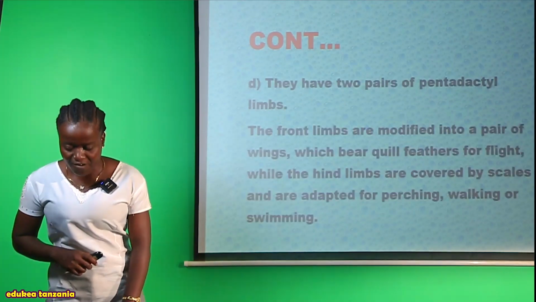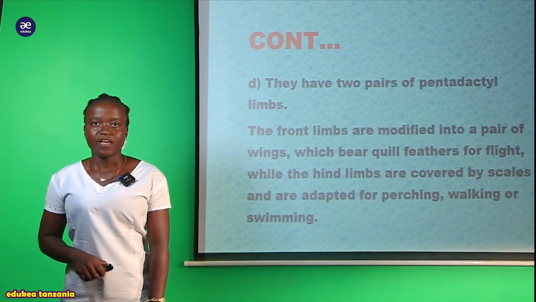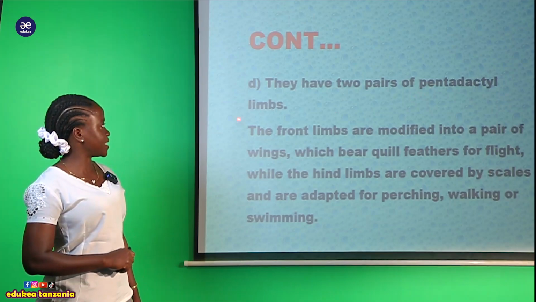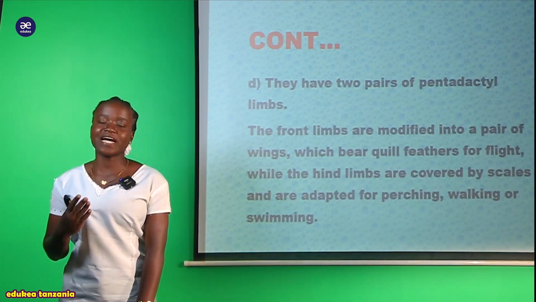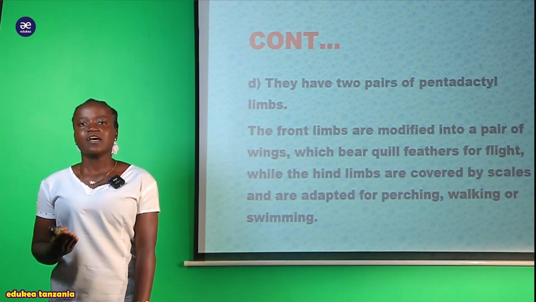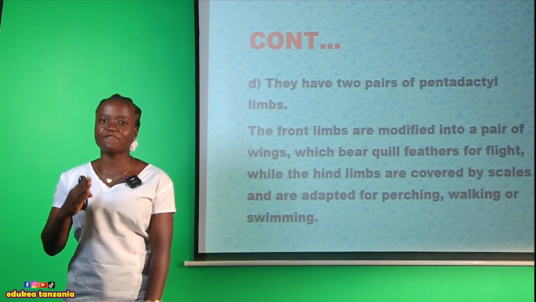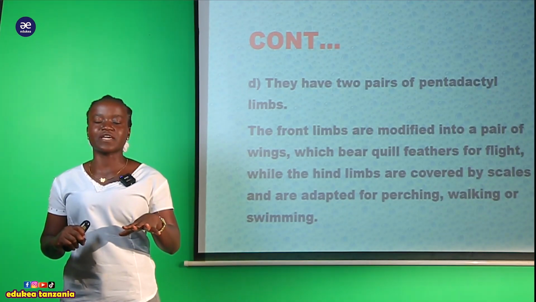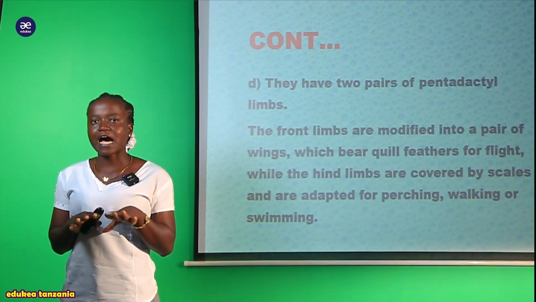And apart from that, this organism also possesses another distinctive feature. They have two pairs of pentadactyl limbs. My students, when we say pentadactyl limb, it means that this organism has 5 fingers. So when you look at the pattern of their limbs, they have 5 fingers.